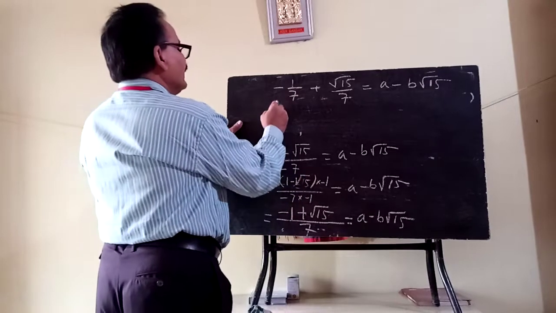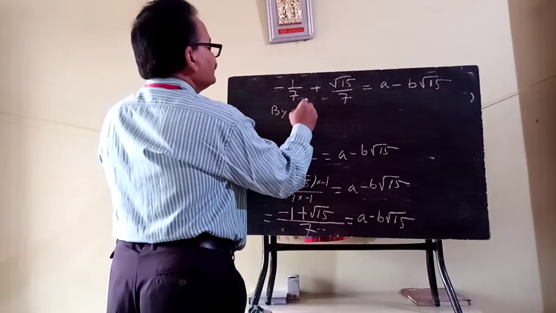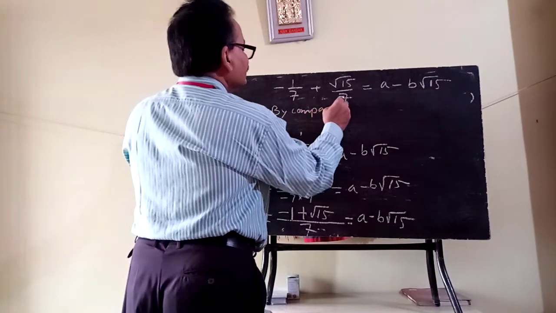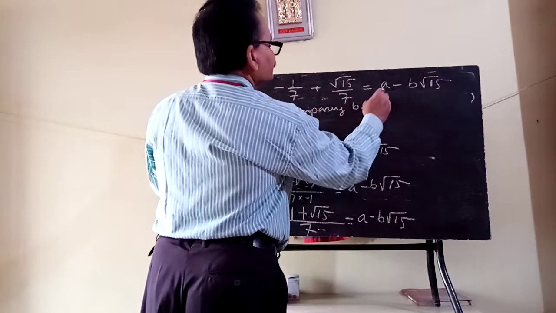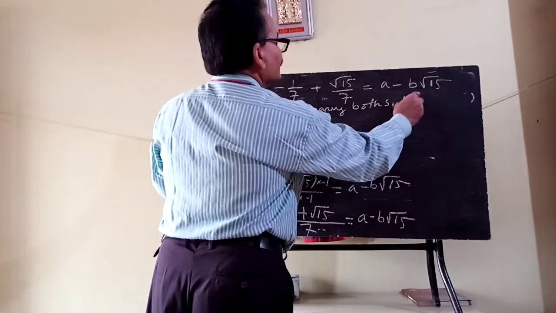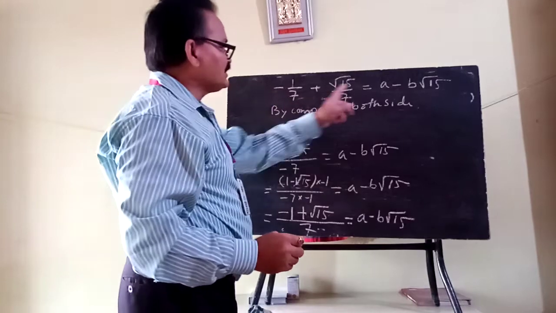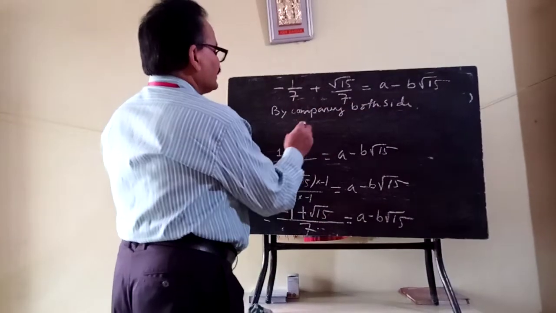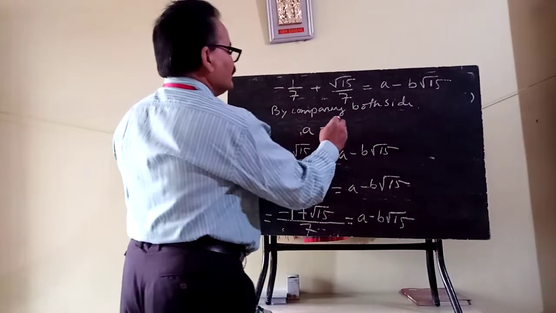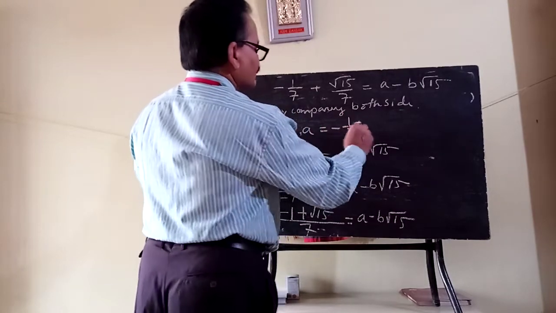So now you write by comparing both sides. That means this value must be equal to your a. By comparing both sides, a will be your minus 1 by 7.